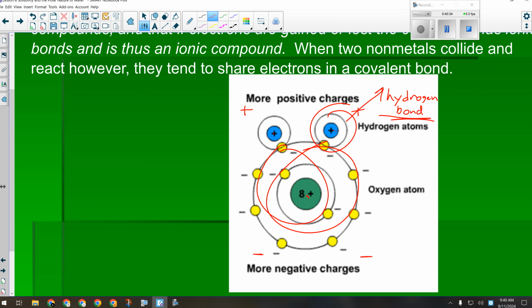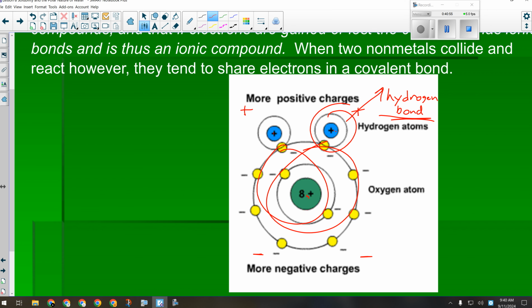When all things, water included, get colder, they start to contract. But because water is polar, it gets to a certain point where the negative ends of those water molecules are getting too close to each other. What do they do? They repel. Water takes up the least amount of space at about 4 degrees Celsius.